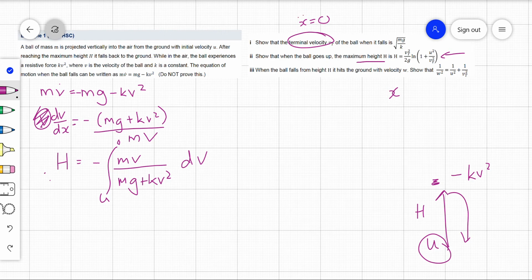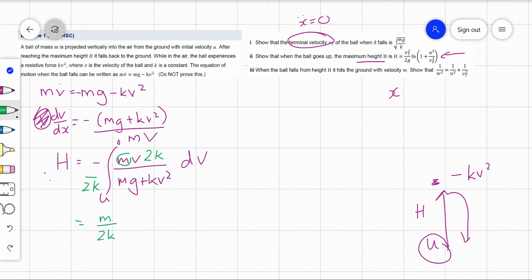Now if I look at that, I've got a log there, but in order to have a log, I've got the derivative at the bottom is 2kv. So I need to put a 2k in here, which means I need to divide by a 2k out here. I'll put that m out the front as well, so m on 2k out the front.